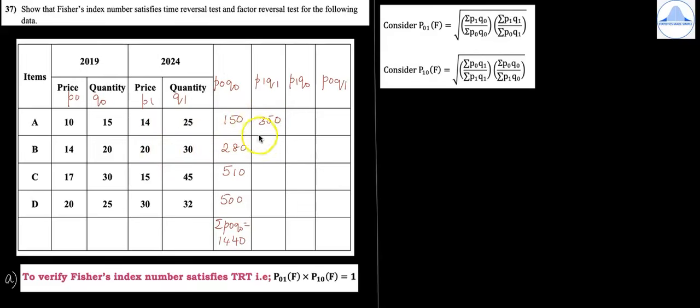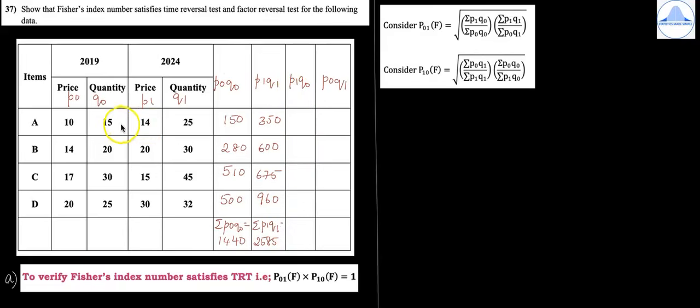Next is 20 into 30 is 600, then 675 and 960. So summation P1 Q1 is equal to, you will get 2585. Next find out P1 Q0.